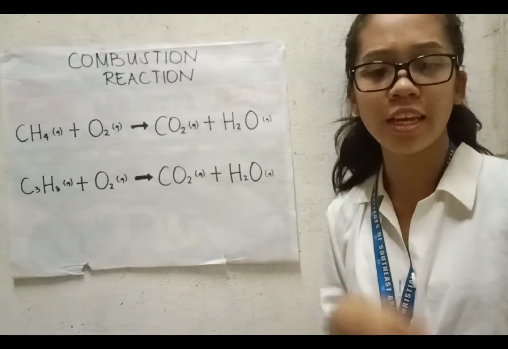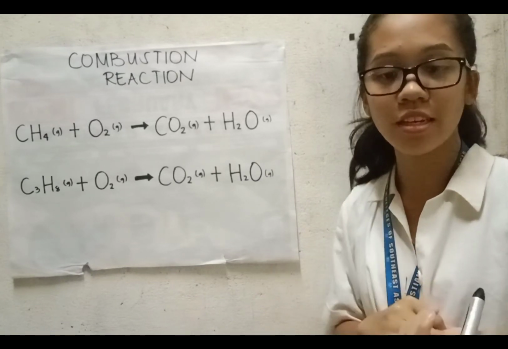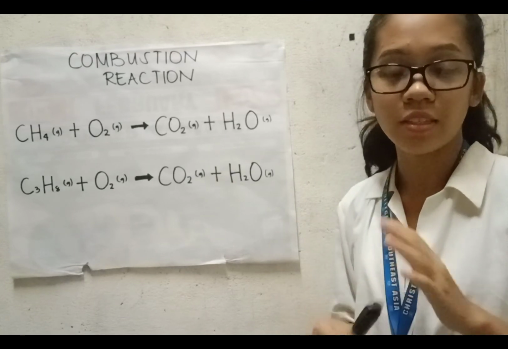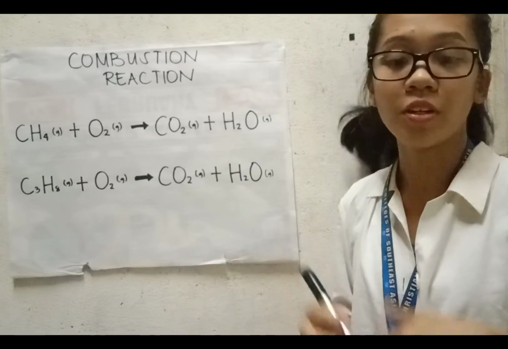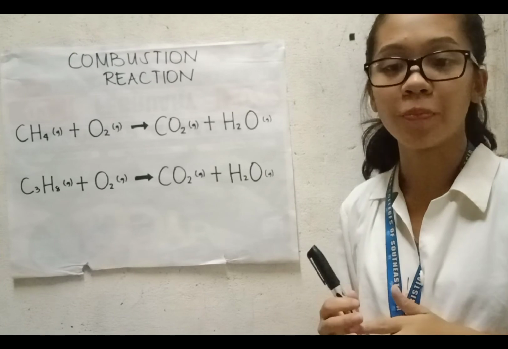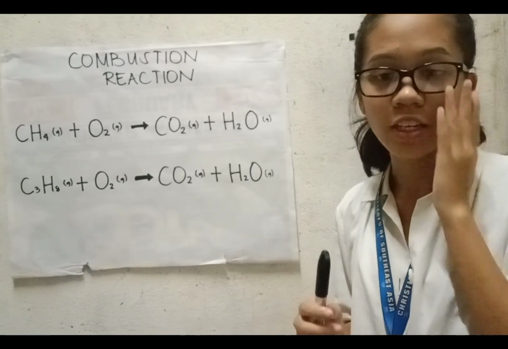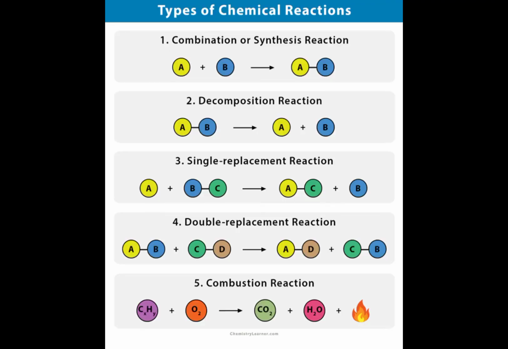It turns out that a lot of things that we burn, like natural gas, diesel, and gasoline, are really similar, and they only differ in the number of carbons and hydrogens in the molecules that make them up. So combustion reactions for a wide variety of compounds look pretty similar. These are the types of chemical reactions and their generalized formulas.